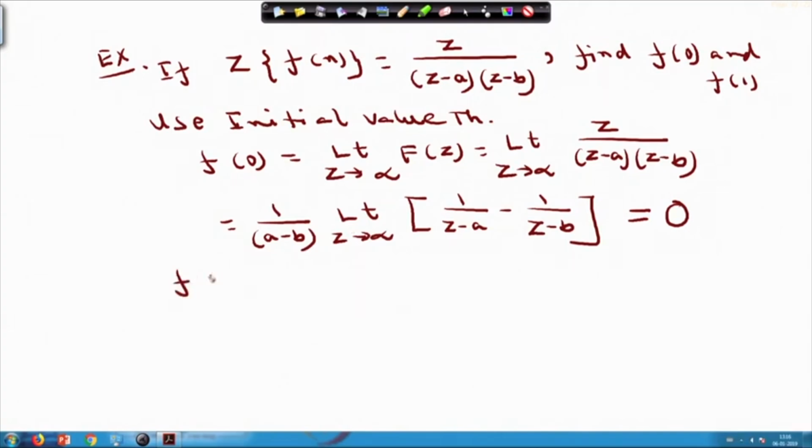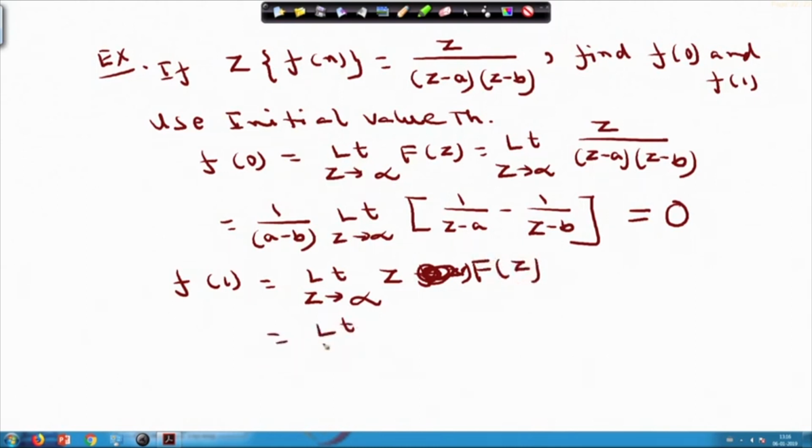Similarly, I know that f 1 is limit z approaches infinity z F(z). Sorry, this is not small f z, but z into capital F(z). So, this equals limit z approaches infinity, if I substitute the value, z square by (z minus a) into (z minus b).